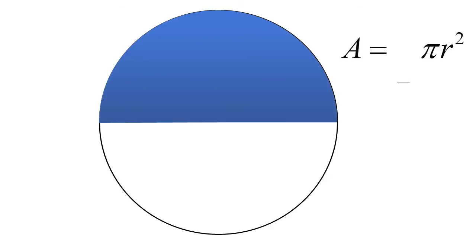So it would be pi r squared times 1/2, because it's 1/2 of the whole circle. Similarly, if the sector was only 1/4 of the circle, then you take pi r squared and multiply it times 1/4. So what you're always doing is taking pi r squared and multiplying it times the fraction that this sector makes up of the whole circle.